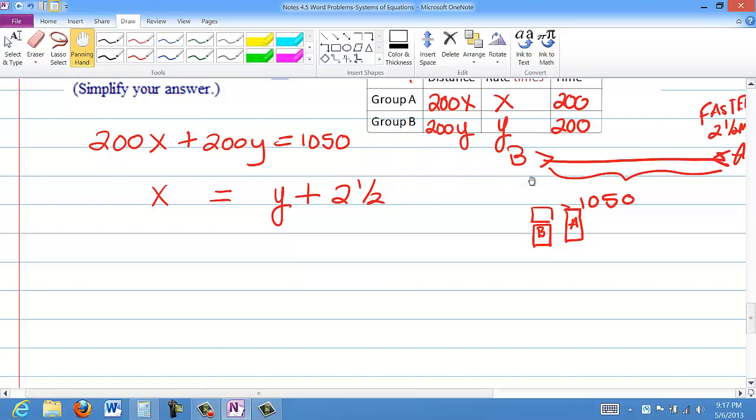Now this particular one is also set up for good substitution, although again I could rearrange this and make it into an addition method problem. But I'm going to go ahead and just take that x is equal to y plus 2.5. Since a half is a terminating fraction, I could change this to a decimal. So let's go ahead and take the first equation: 200, put parentheses in for x, bring down the rest of the equation.